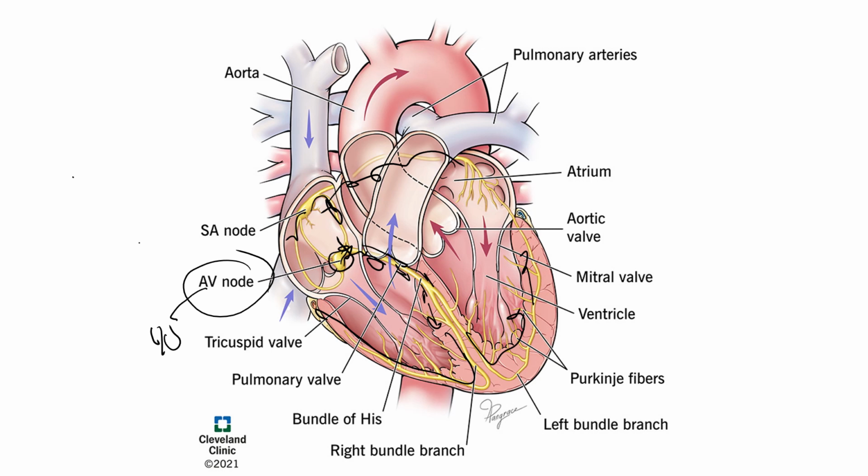This can happen about, again, 40 to 50 times per minute. So if somebody's SA node fiber completely gives up, stops working, the person's heart rate would become approximately 40 to 50 beats per minute. Because what would happen? The AV node fibers would become the primary pacemakers of the heart.